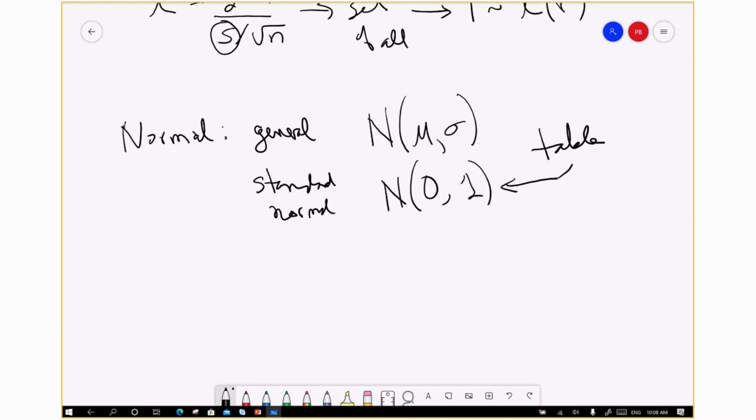When it comes to the t-distribution, the only one we're going to concern ourselves with in this course is going to be t is distributed with a t value and nu, where this is a number of degrees of freedom.